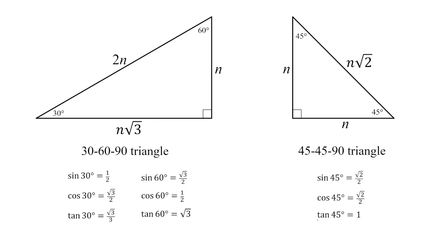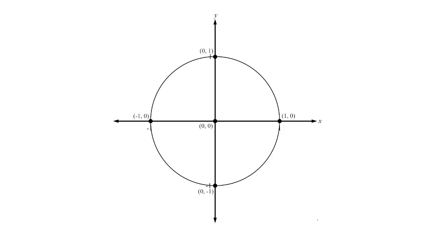So with that being said, let me introduce to you the unit circle. The unit circle is a circle whose radius is 1. And of course, the point at the end of the radius is a point on the circle, (x, y).